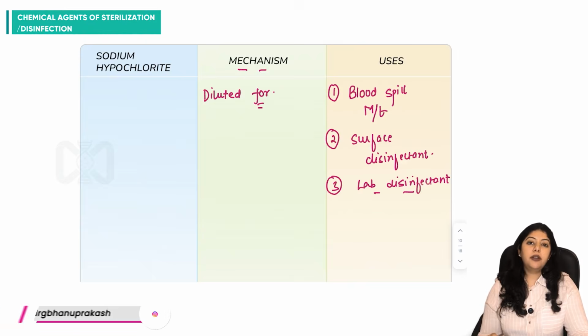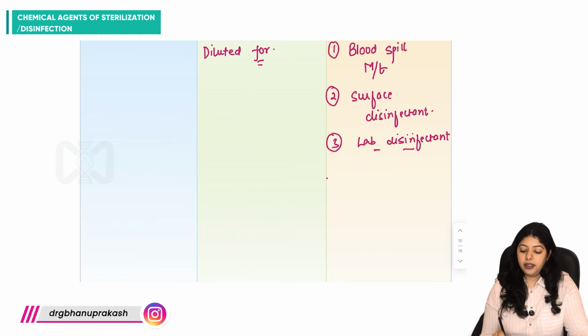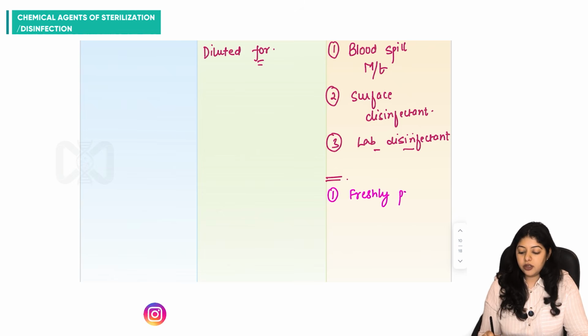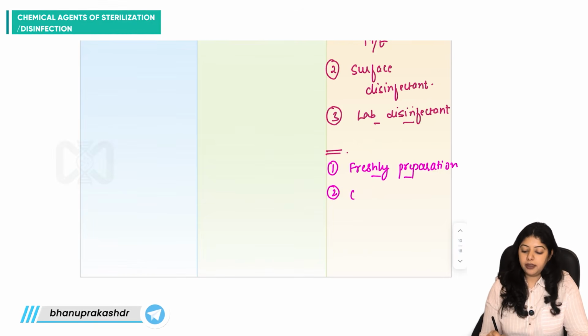One major disadvantage with sodium hypochlorite is that it needs to be freshly prepared daily. Then its activity somehow lowers in presence of organic material.